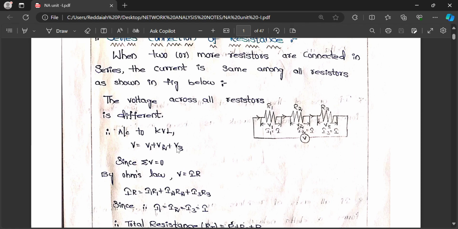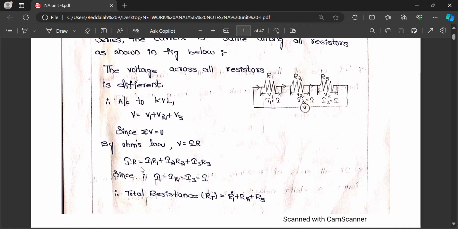If you send this voltage drop to the left hand side, the total voltage becomes 0. By Ohm's law, we can write V as IR, so I1 R1, I2 R2, I3 R3. But I1, I2, I3 are all in series, so it is I. The total resistance RT equals R1 plus R2 plus R3.